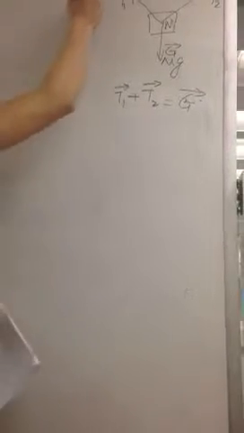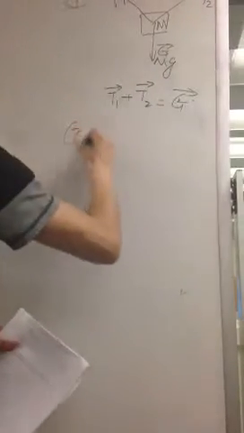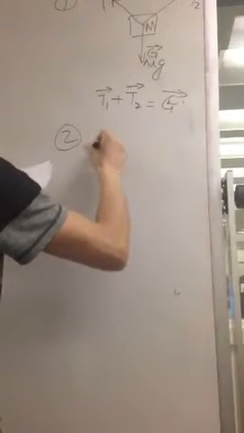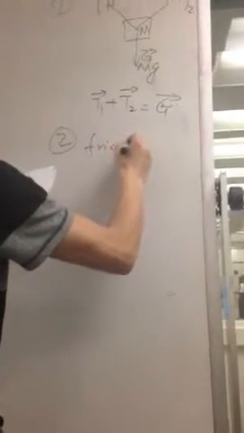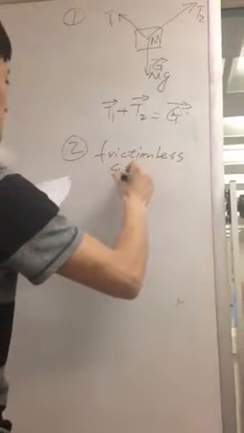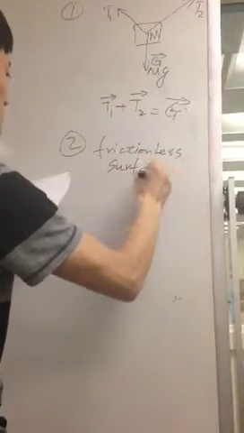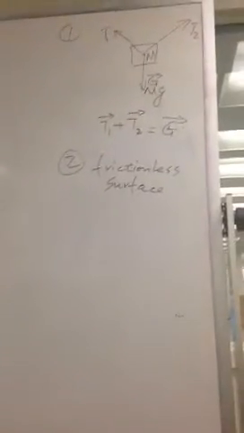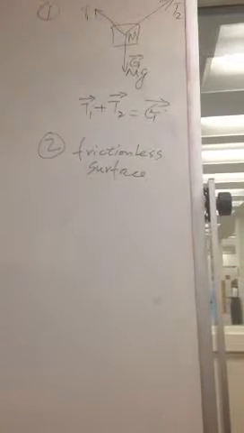Okay, let's go to number 3. The second type of question, that's the first type. The second type of question works on frictionless surface. Okay, in those questions, all the surfaces are frictionless.